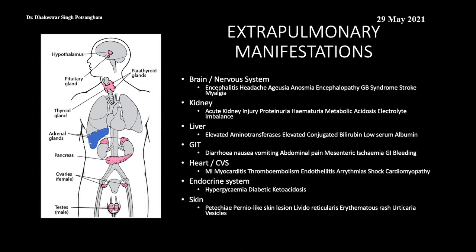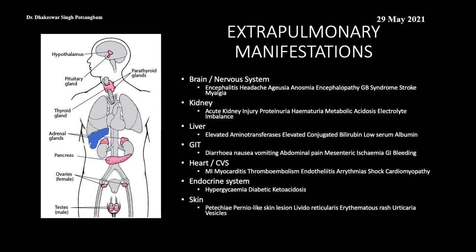And usually, these opportunistic infections occur in patients who needed intensive care unit admission and treatment with a ventilator, and those who needed prolonged oxygen therapy in the hospitalization, along with steroid and immune suppressant medications. Now, another thing is the extrapulmonary manifestations.